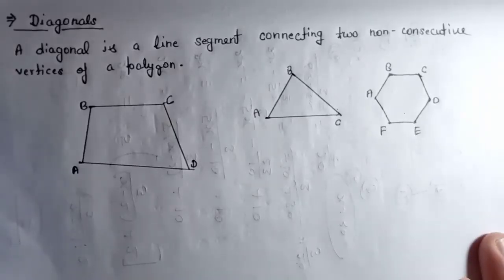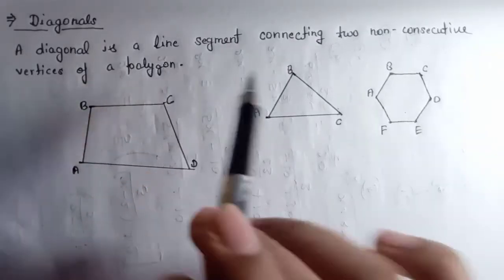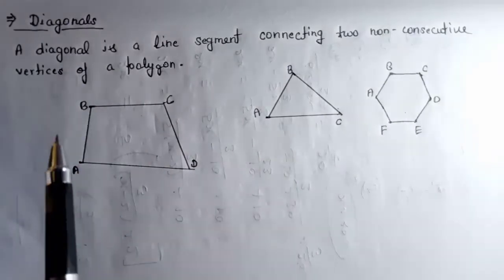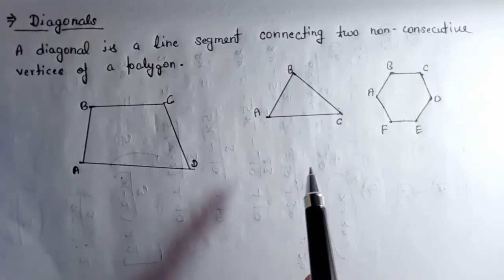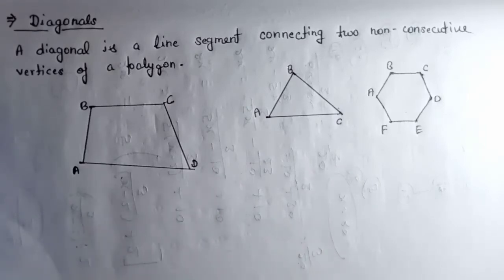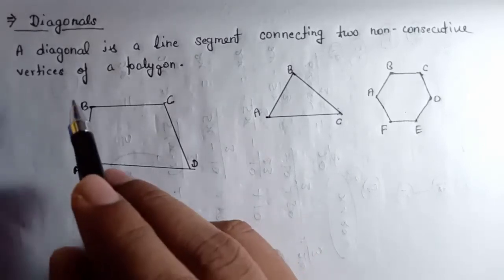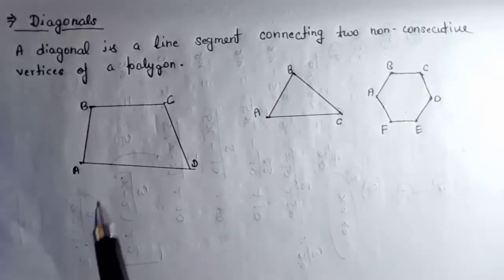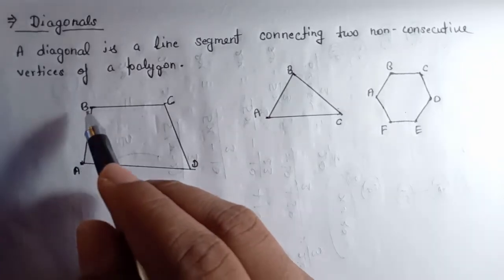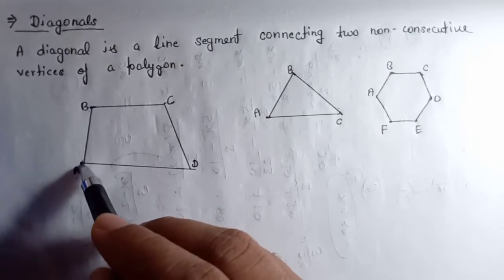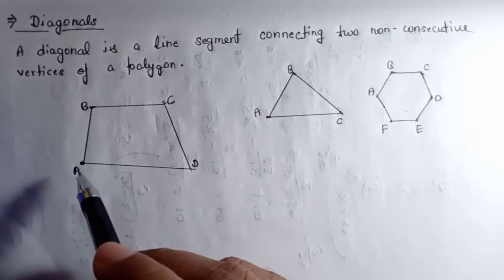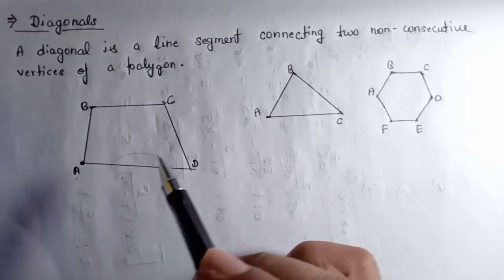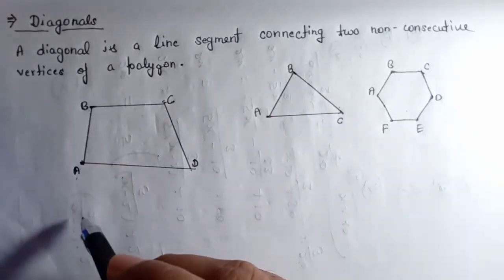You can see the definition of a diagonal is: a diagonal is a line segment connecting two non-consecutive vertices of a polygon. So first, what do you mean by consecutive vertices? You can see it is A, B, C, D. So in this polygon, A and B are consecutive vertices. Just after A we get B, and just after A we get D. So for A, B and D are consecutive vertices.